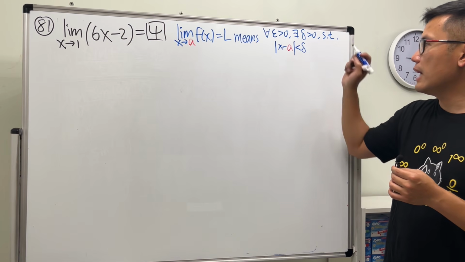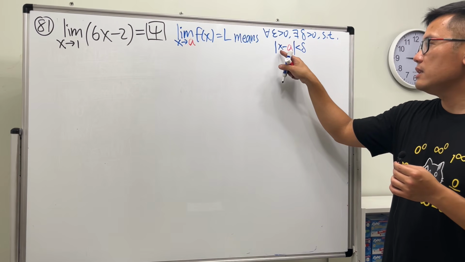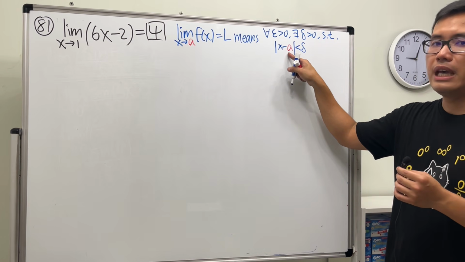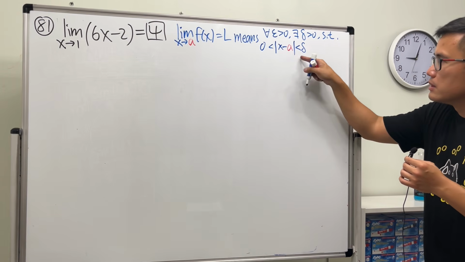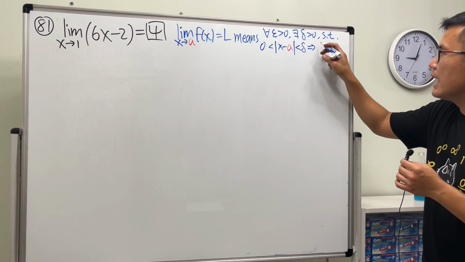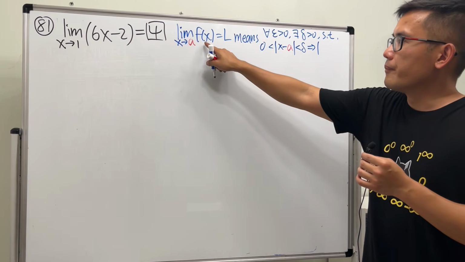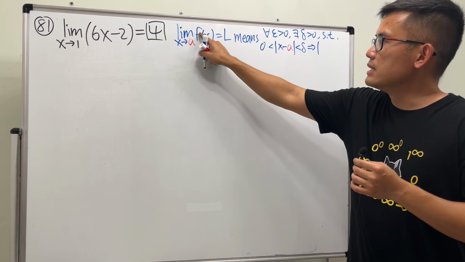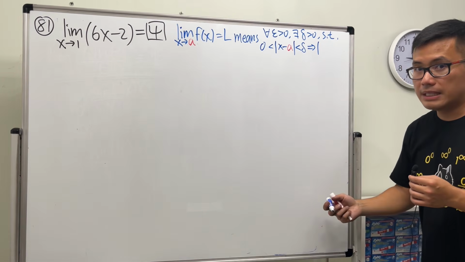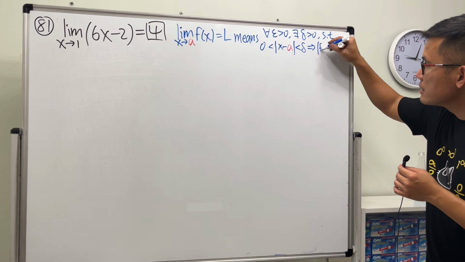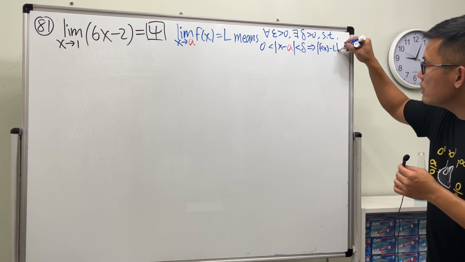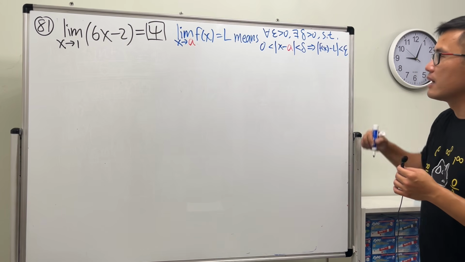Less than delta, okay? And then we do not want x to be a, so we want to say this is greater than 0. If this is true, then we must have the absolute value of, well, it's pretty much the distance between f of x and the limit L. It's small enough as well. But in this case, we write it as absolute value of f of x minus L to be less than epsilon.